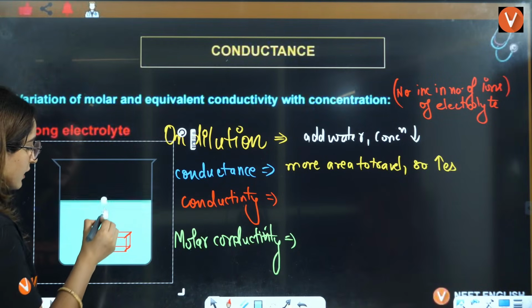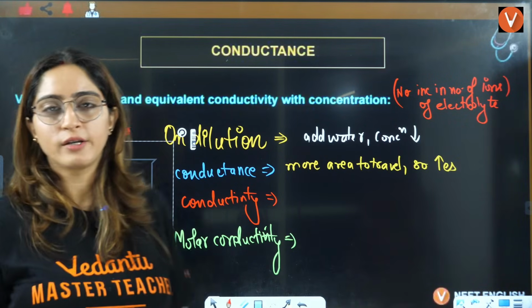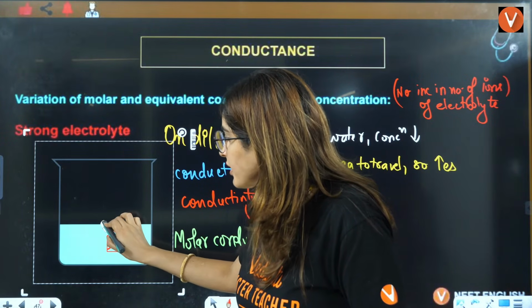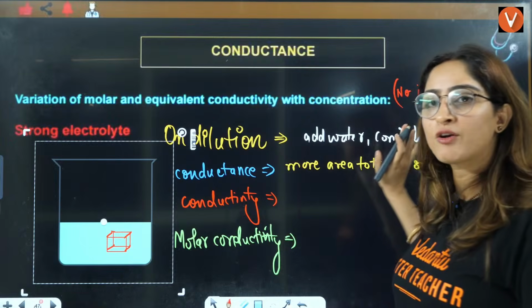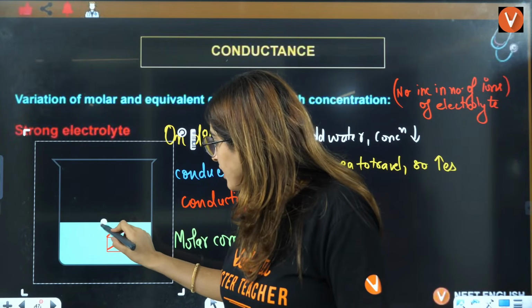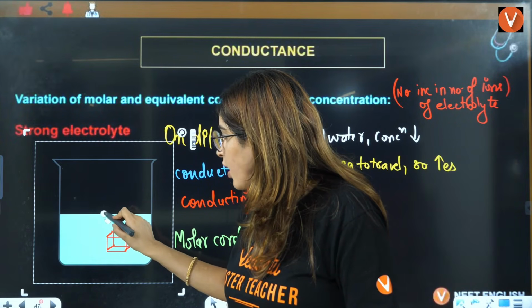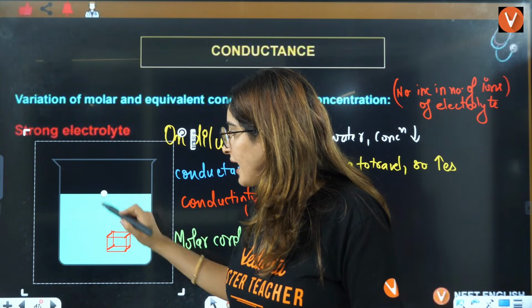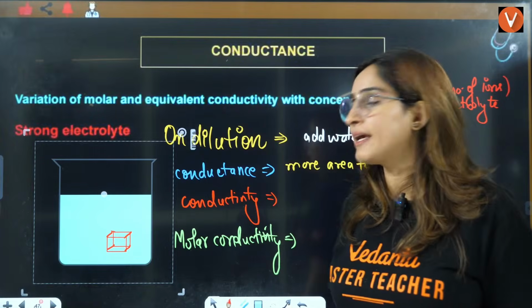Earlier you had this much water, right? Now you are increasing, you are adding the water. See, number of ions are not increasing, right? Now you have this much water, this much water, and this much water, right? You're adding. But the number of ions is not increasing.